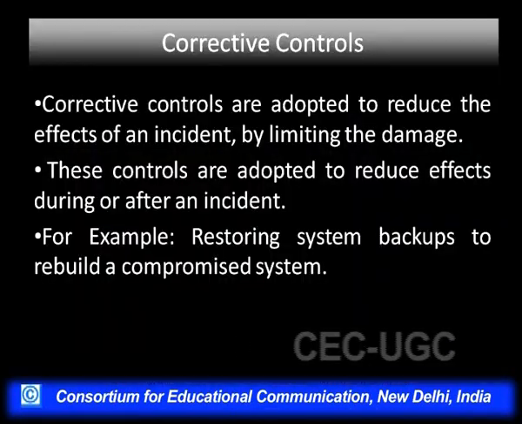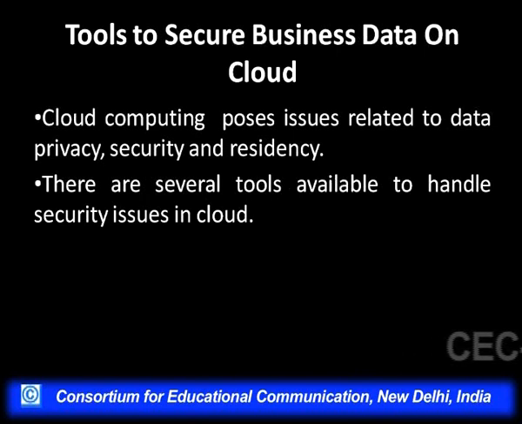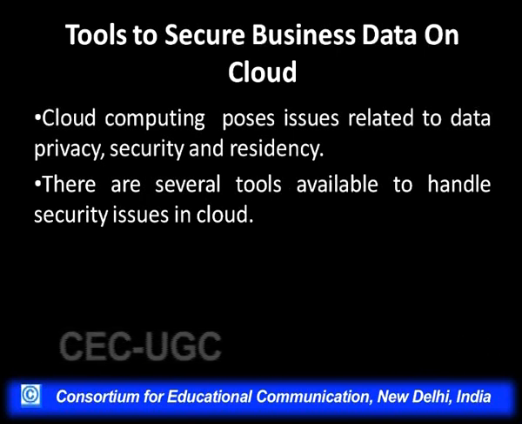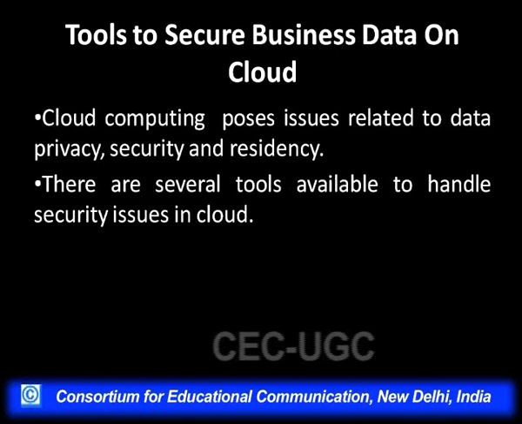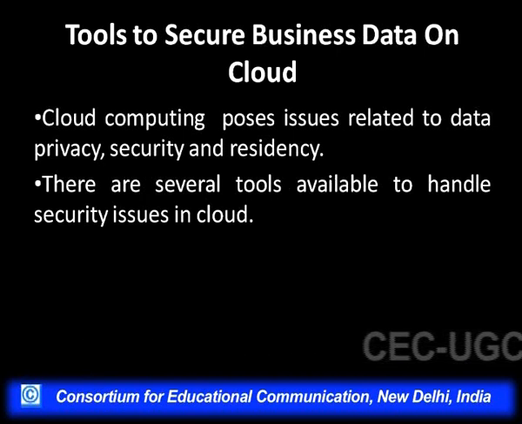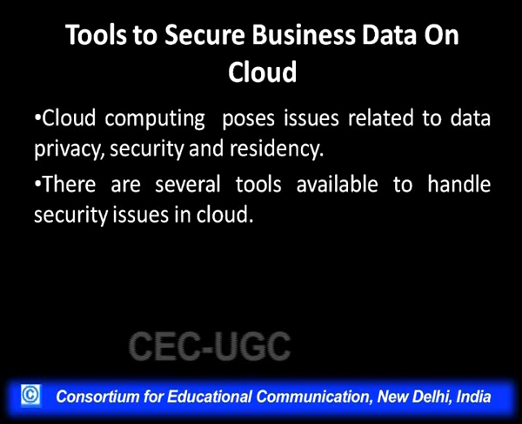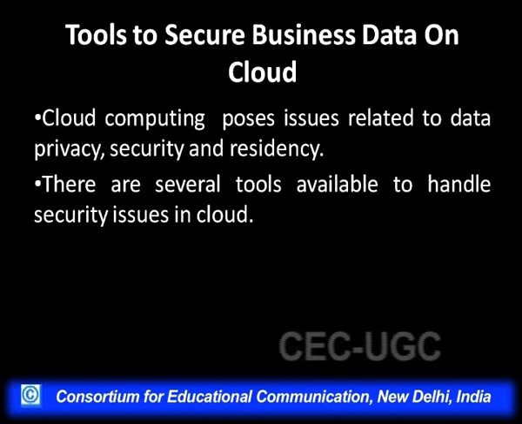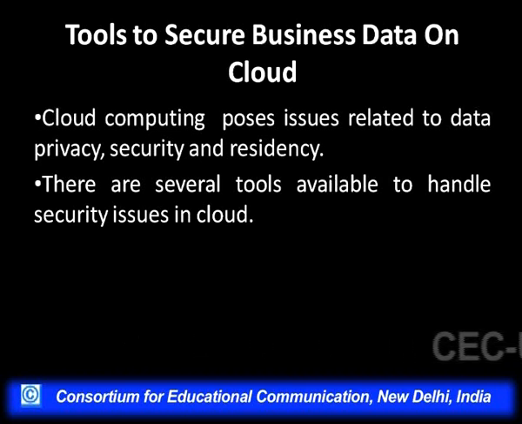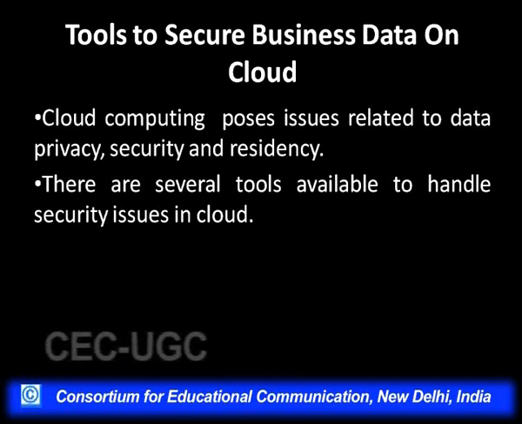Now let's look at the different tools which are used at present to secure business data on cloud. As we have already discussed, cloud computing poses issues related to data privacy, security, and of course residency, that is, where the data is going to reside. There are also several tools available to handle such issues in cloud computing.